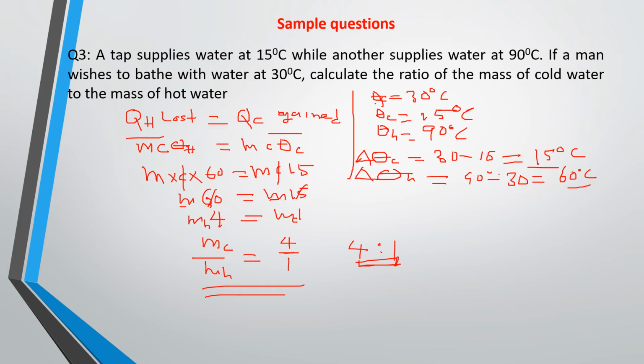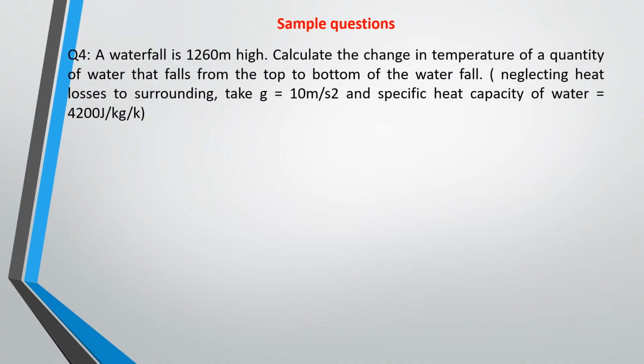So we'll still solve other problems. This one says that a waterfall is 1,260 meters high. Calculate the change in temperature of a quantity of water that falls from the top to the bottom of the waterfall, neglecting heat losses to the surrounding.